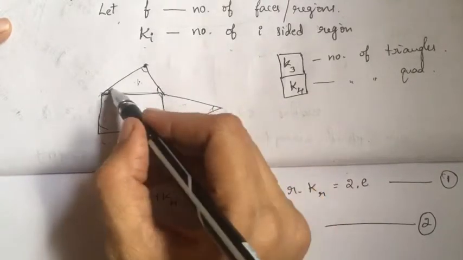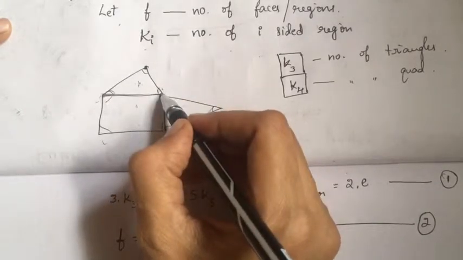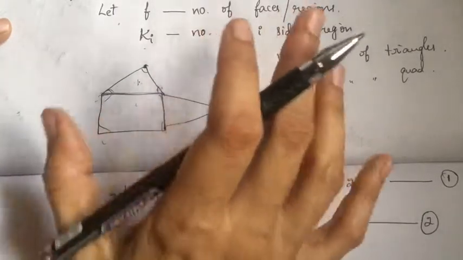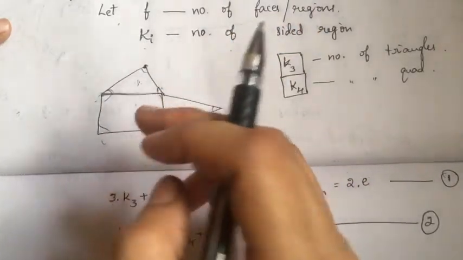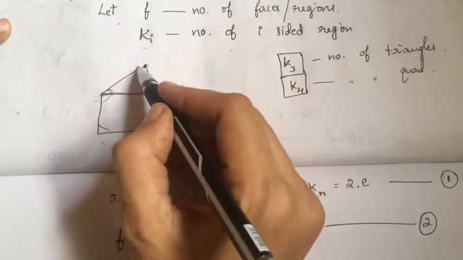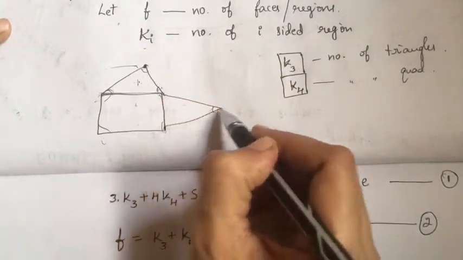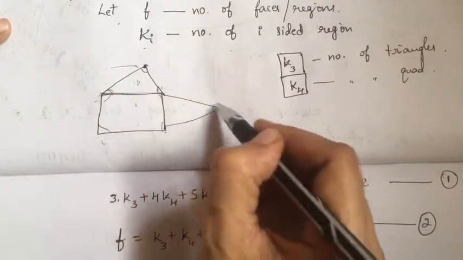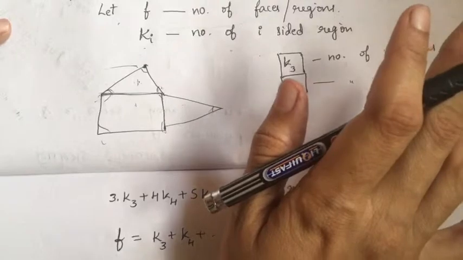But it is included in the interior angle of this, right? So I want the interior angles of all these, and the exterior angle of the whole graph, meaning this whole polygon only. Only for this polygon I want the exterior angle.